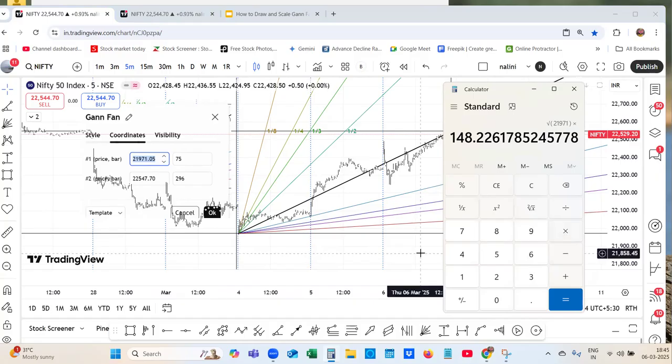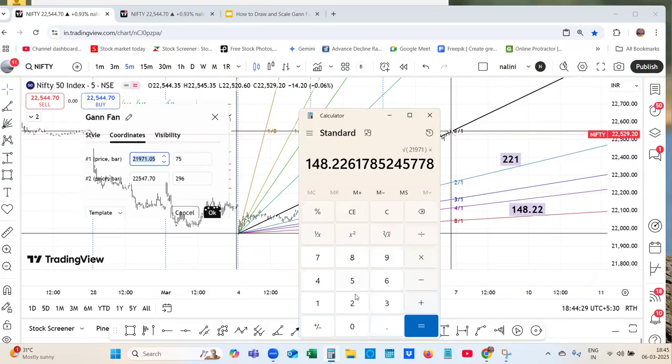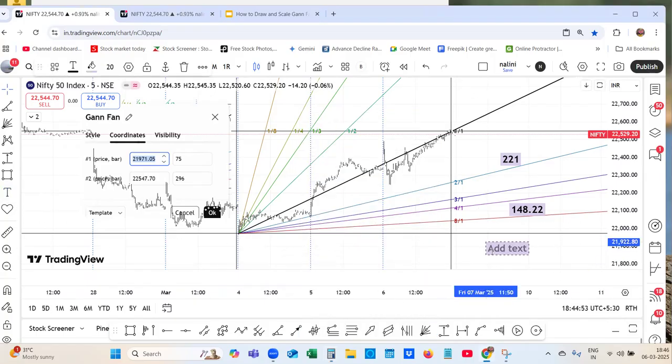If I click on this, I am getting this value. Then I am calculating the percentage of this. When I calculate the percentage, I am getting the value as 327.57. Okay, let me write this down.